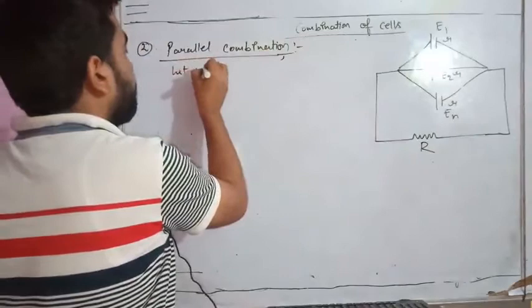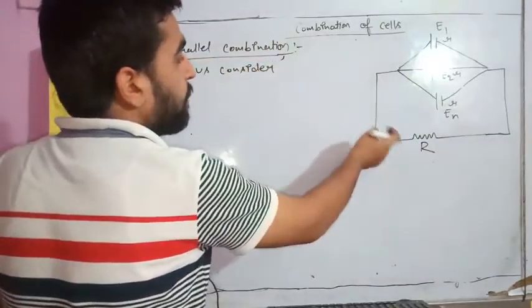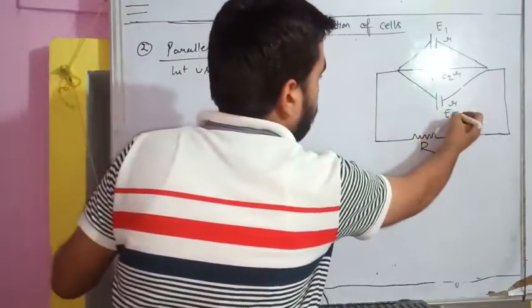Let us consider, how many cells are there? N, or you can imagine M as well.